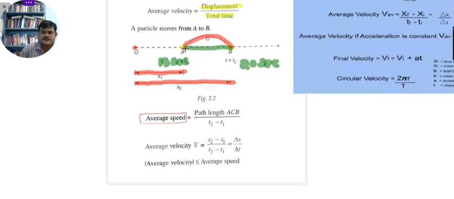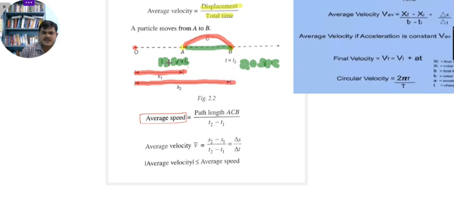But if I move along the straight line, my position changes from A to B as a straight line AB. That is what I have written here as S2 minus S1, the shortest distance between these two points.